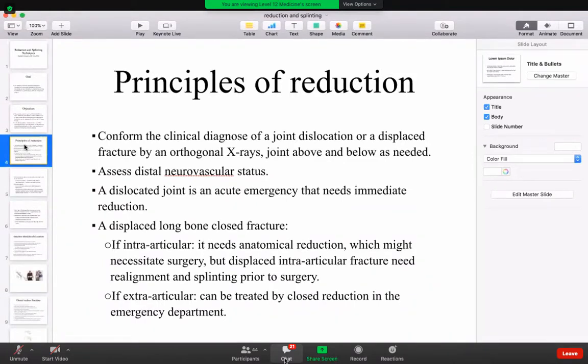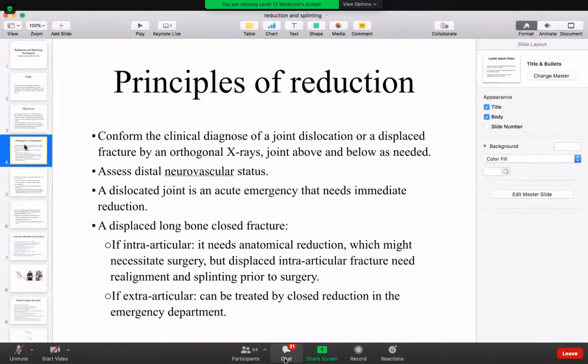So a lot of this is theory. However, these principles should be understood to be able to help you understand how to perform this. You have to know what the purpose of this is and what the main principles behind fracture reduction are. So we talked about this briefly.